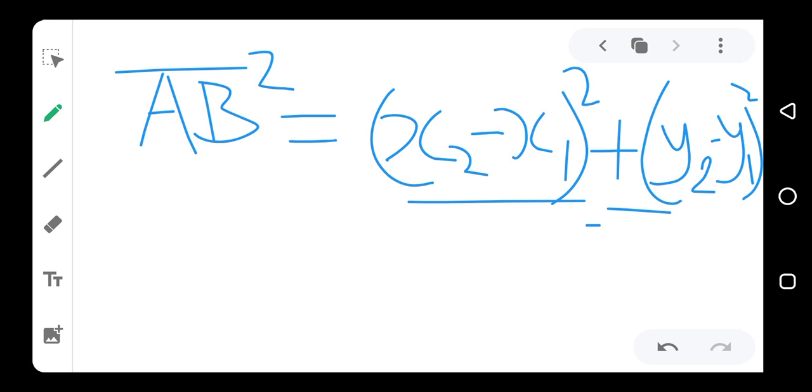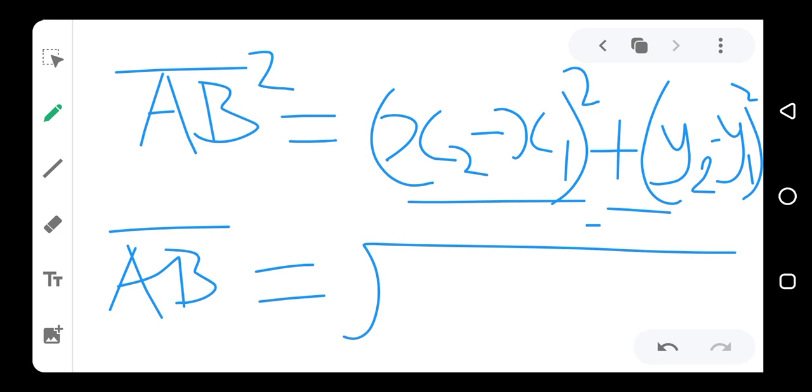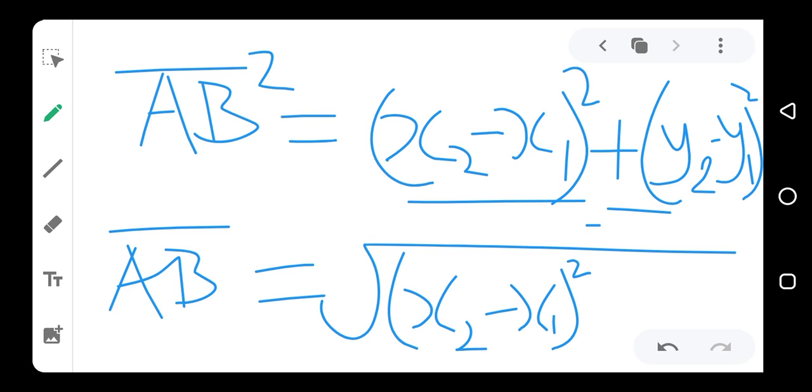So we can also say that line AB is equal to the root of x2 minus x1 squared plus y2 minus y1 squared. So this is the formula that you can use to find the distance between two points.